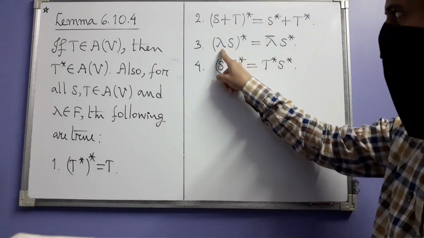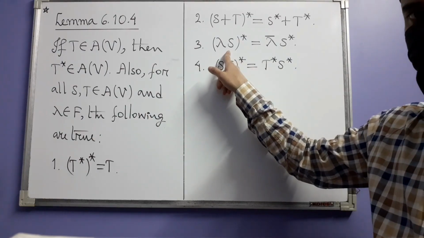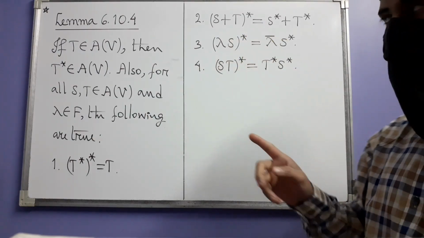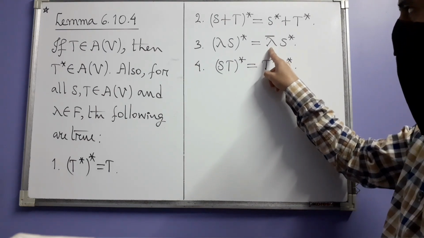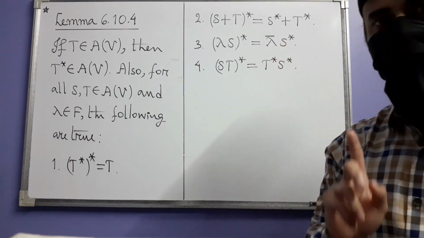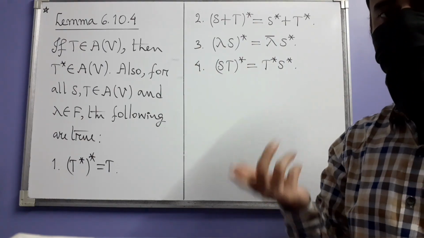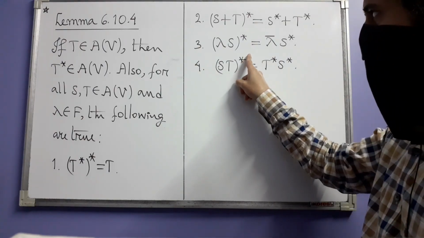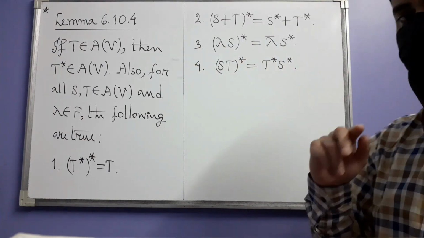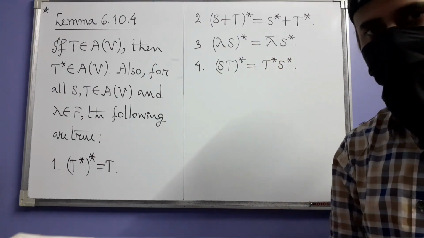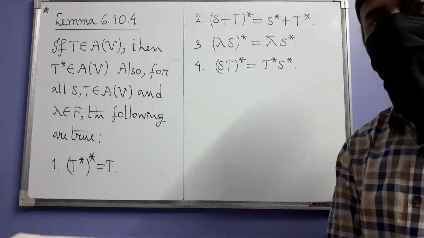In number 3, the scalar multiple of S by lambda and its Hermitian adjoint equals the complex conjugate of lambda times the Hermitian adjoint of S. And finally, the product of S and T and its Hermitian adjoint equals the product of their Hermitian adjoints, but the order gets reversed. So let's now prove this.